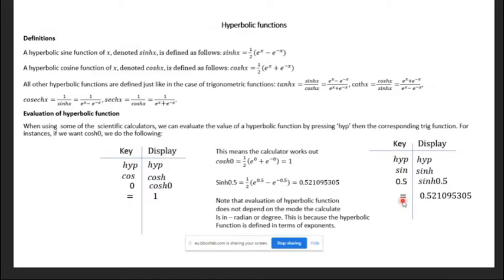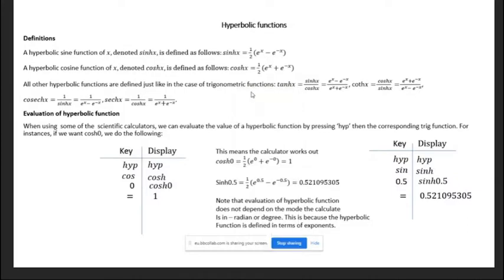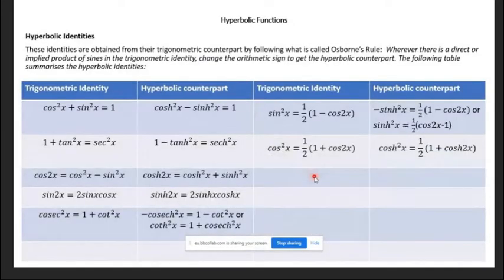Once you press equal, it is going to give you the same answer that you had when you worked this out manually. So that is basically how we can use the calculator to evaluate the hyperbolic functions. You'll stop me if there's anything that you'd like me to clarify.